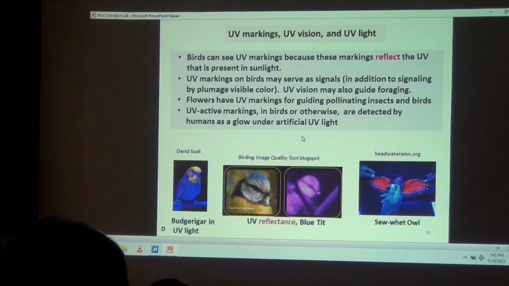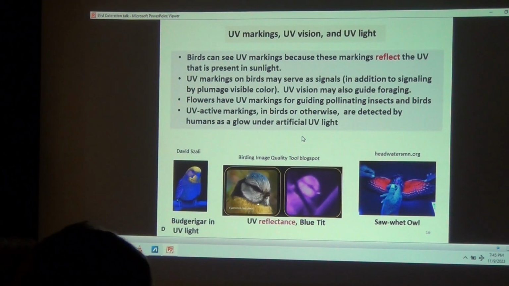But how relevant is this actually to what birds are seeing? Birds do not see this glow. For one thing, this is a weak phenomenon, and in sunlight, this glowing would be swamped by the visible colors present in sunlight. So birds do see reflectance, and there are ways of measuring that.